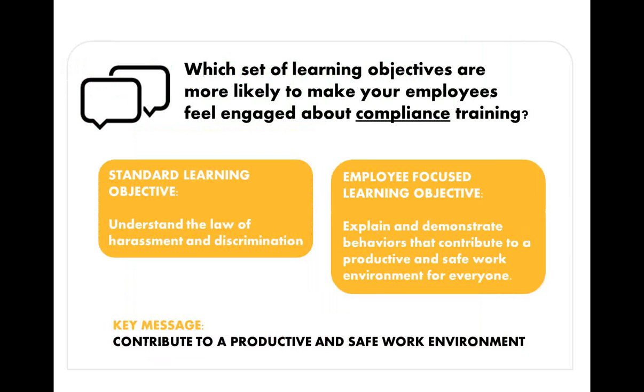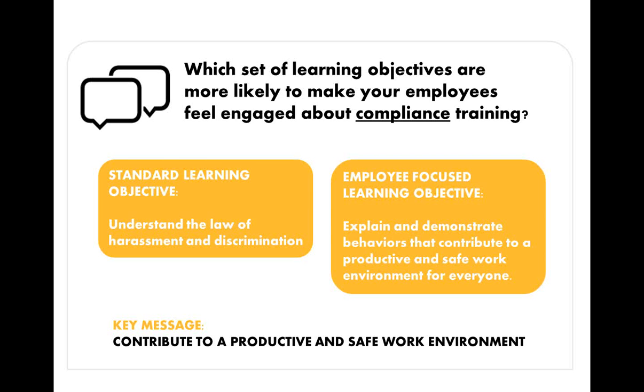So think about it this way. As you're thinking about stating a learning objective, on the left-hand side, this is a standard learning objective, and I will be very honest, I wrote that back when I used to deliver sexual harassment training many, many moons ago. So think about which set of learning objectives are most likely to make your employees feel engaged about compliance training.